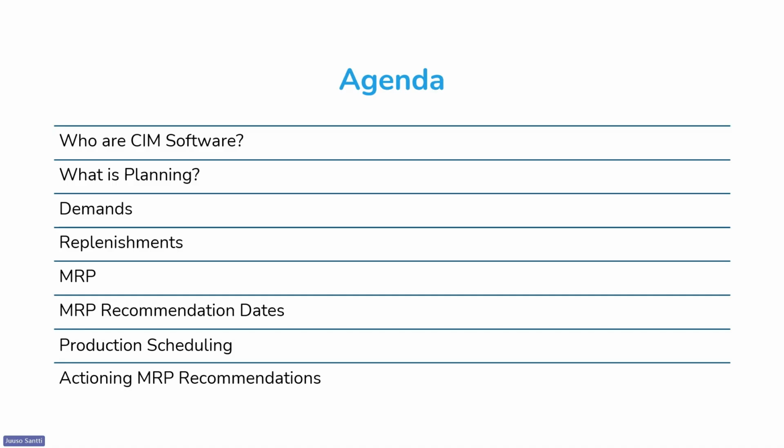That is on a high level. There are numerous ways of getting the dates, what to order, when to order, quantities, and everything else, as well as how the production scheduling works in Cim200.